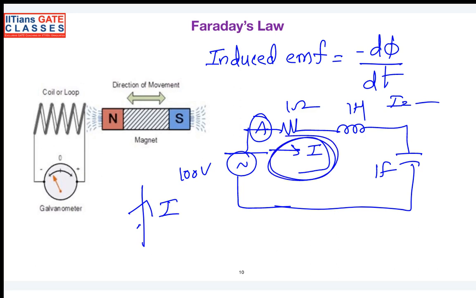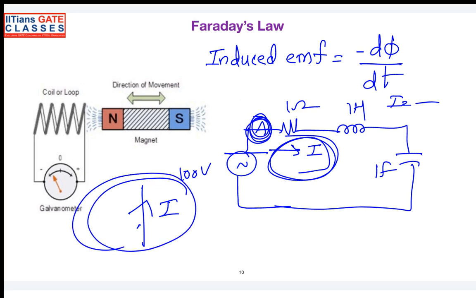In that case, what will happen? Will your ammeter reading remain the same? Suppose before this current carrying wire is there, you may get a current of 10 amperes. Now I will bring this current carrying wire and pass a time varying current. What happens to this ammeter reading? Will it remain at 10 ampere or will the reading change?